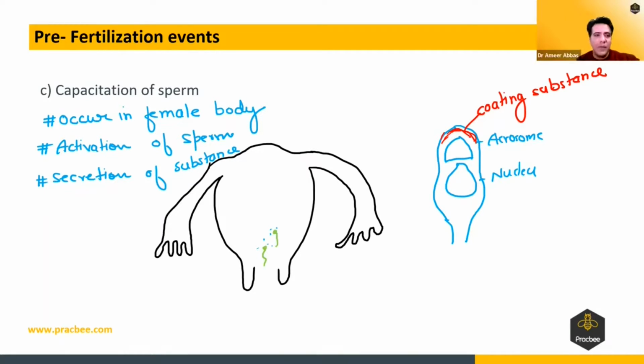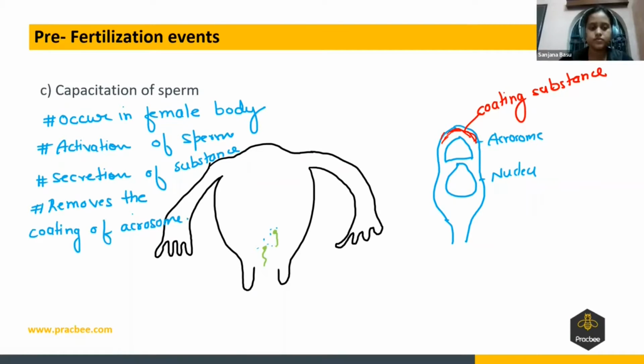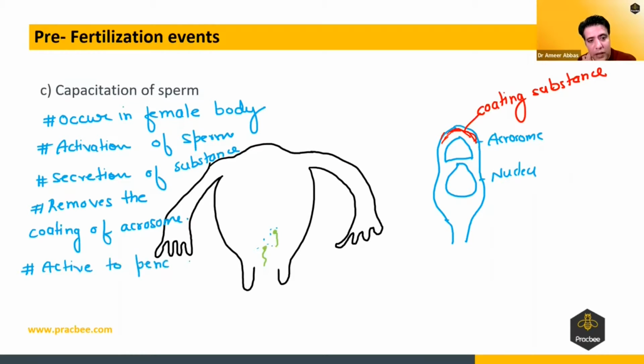So what happens in capacitation? Activation of sperm is done by secretion of a substance that removes the coating of the acrosome. Now this sperm is active to penetrate the egg. Egg means secondary oocyte.